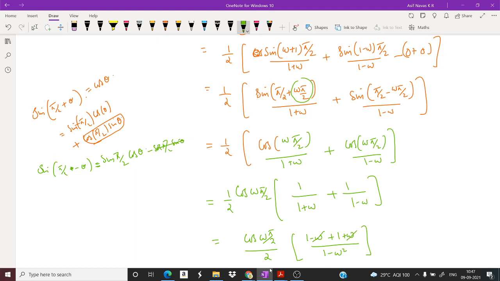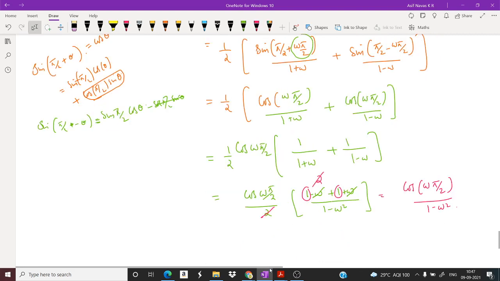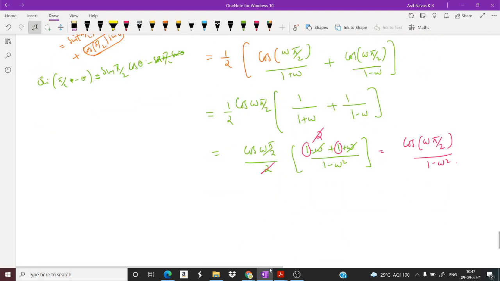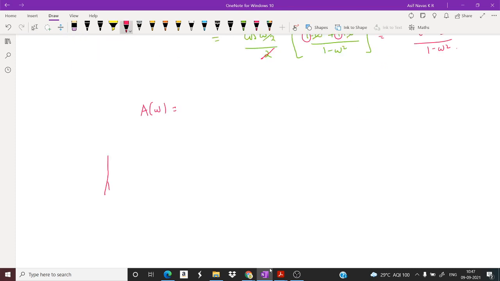This and this get cancelled. 1 plus 1 is 2, right? 2 and 2 get cancelled. So this is cos omega pi by 2 divided by 1 minus omega square. So I got A of omega is equal to cos pi by 2 omega divided by 1 minus omega square.